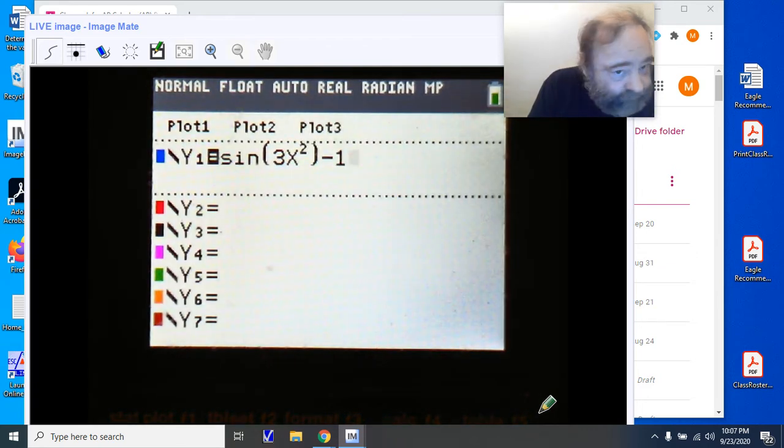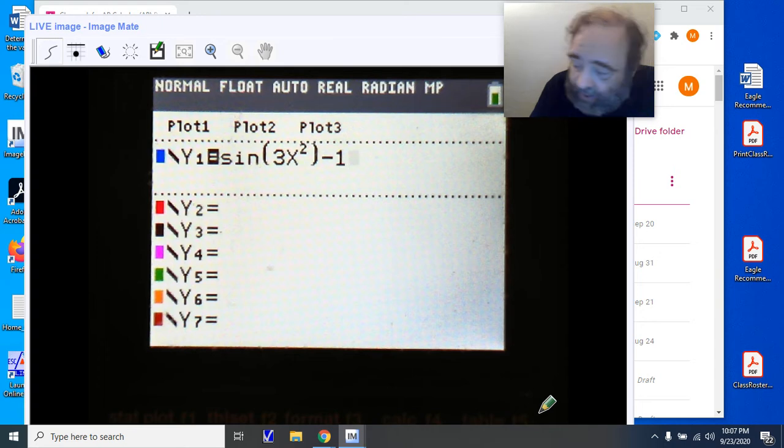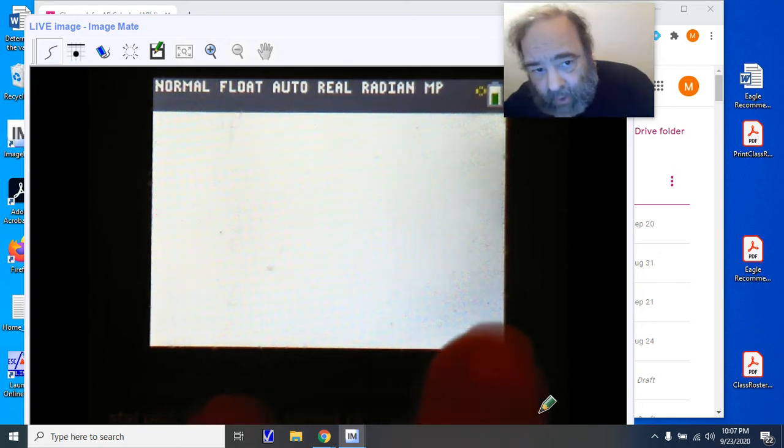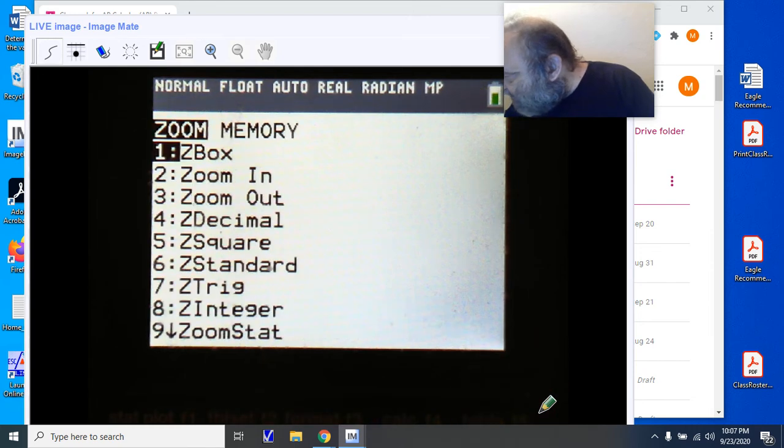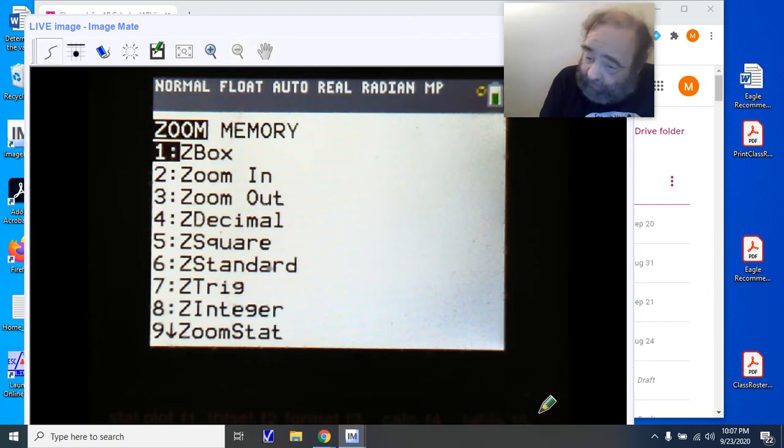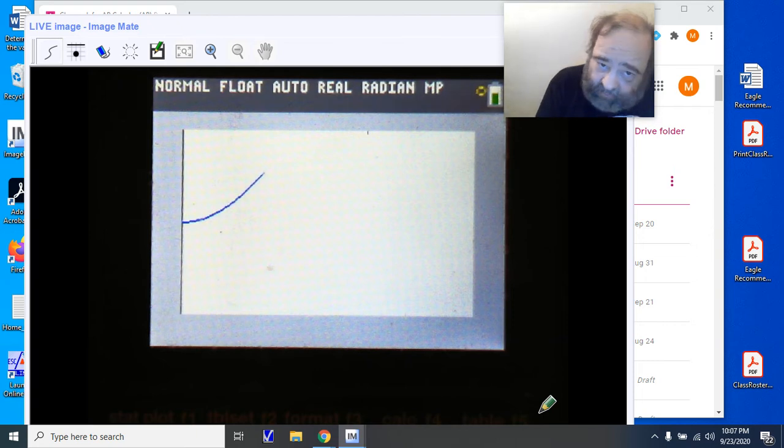Once again, sine 3x squared minus 1. Go to Windows. You're looking at 0 to pi over 2. Hit zoom fit to get the best graph possible, knowing full well if it's too large, we'll just have to rewrite it.